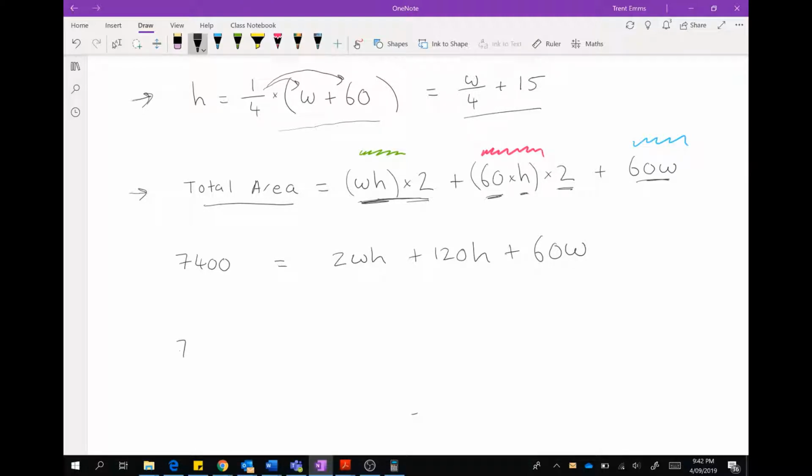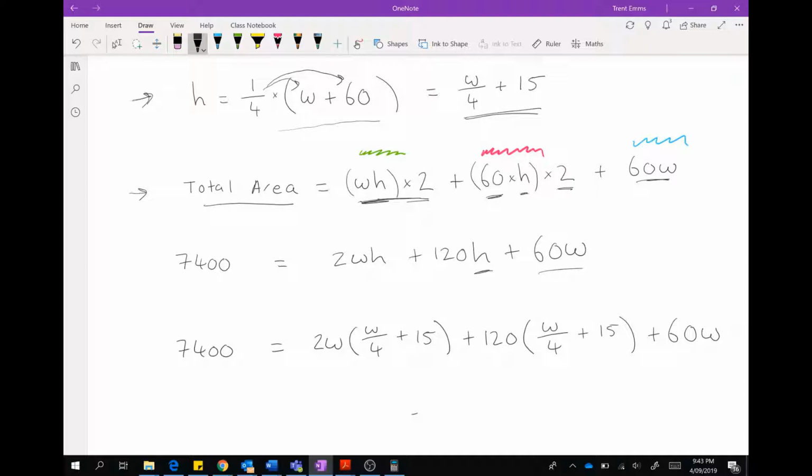So next line down, 7,400 equals 2W multiplied by H, which is W over 4 plus 15, add 120, and then H we're going to replace with W over 4 plus 15. And last bit is our plus 60W.